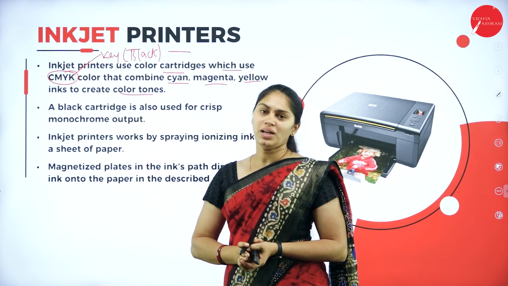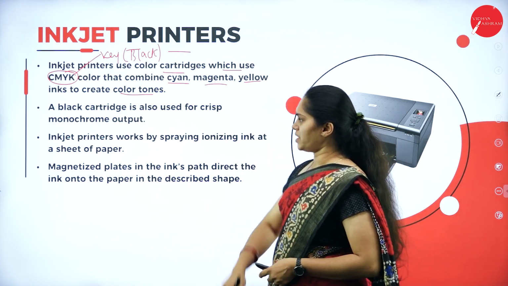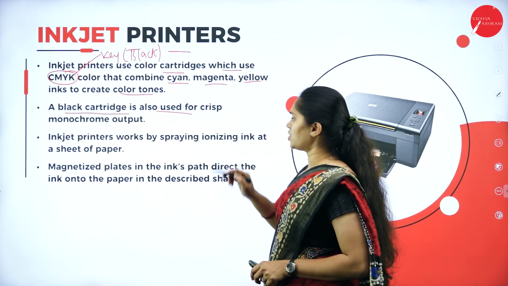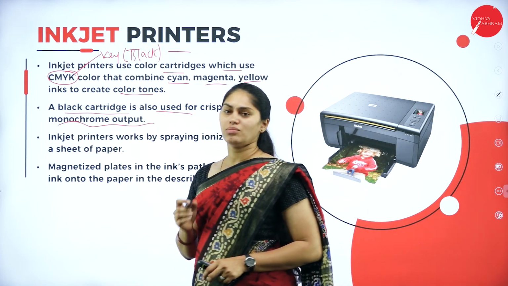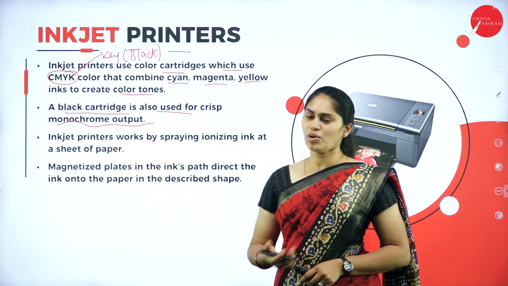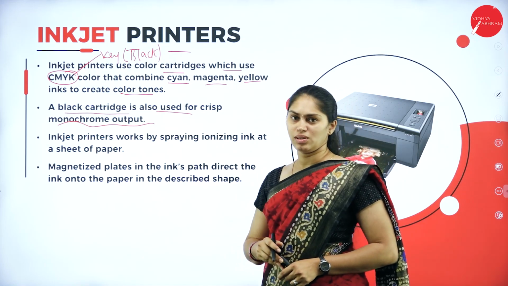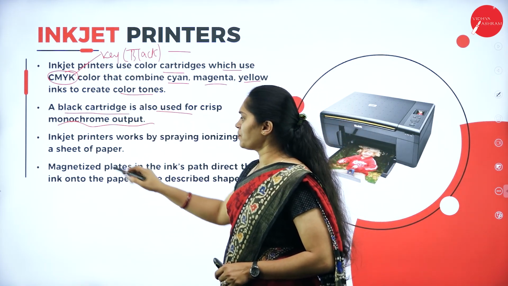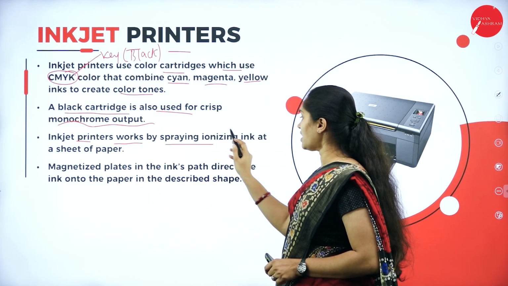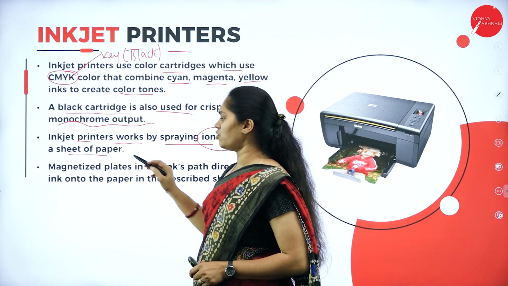That key is most often the black color, and a black cartridge is also used in order to have a monochrome output. When you want a black and white output, at that time the black cartridge is used as the K here. And the inkjet printer works by spraying ionizing ink at a sheet of paper.